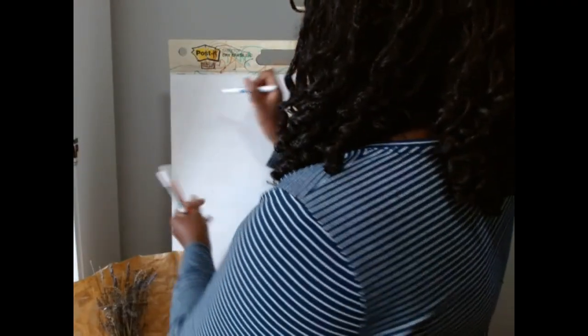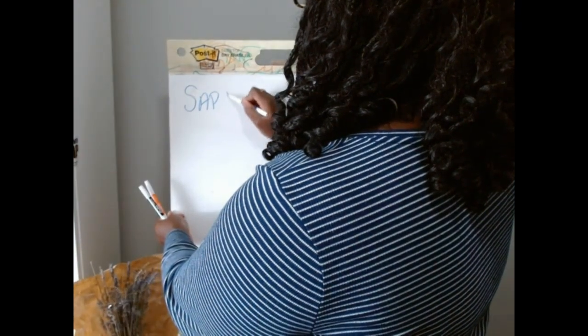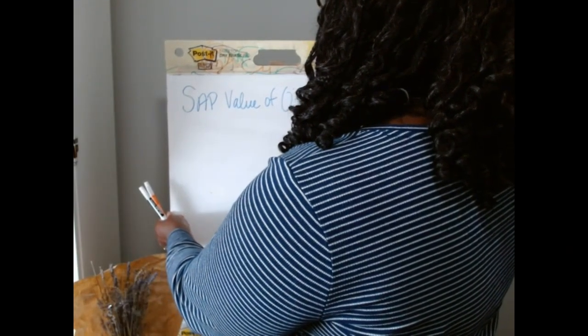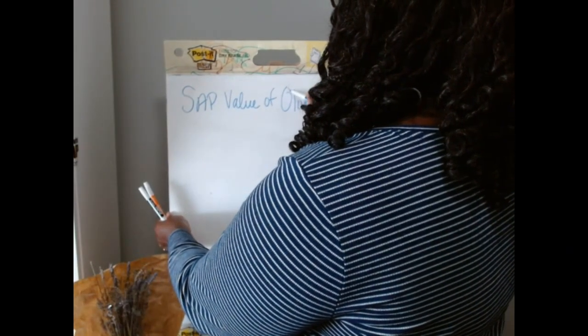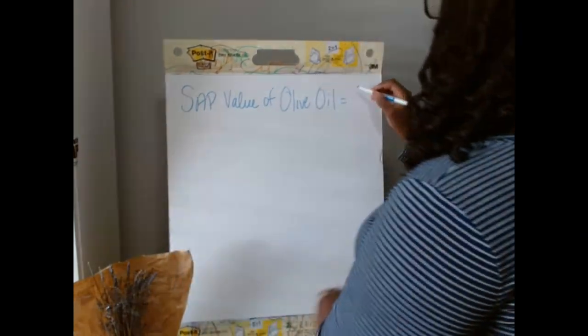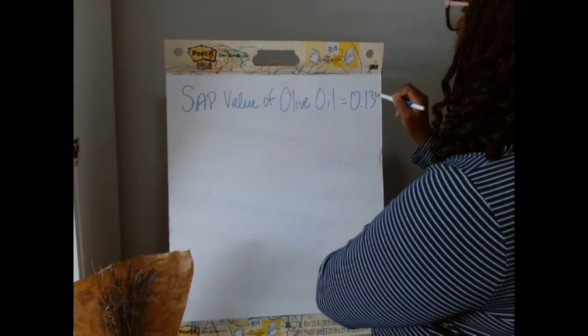Today we're going to calculate the amount of lye that you'll need to turn olive oil into soap. Here's what that's going to look like. The SAP value of olive oil equals 0.134.